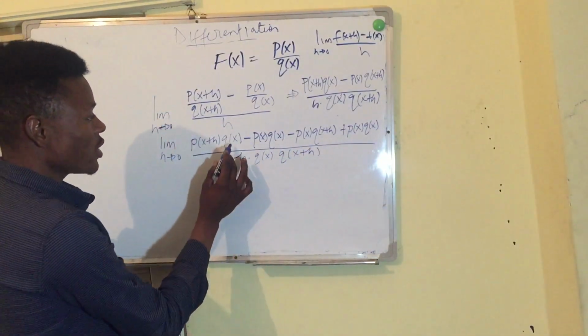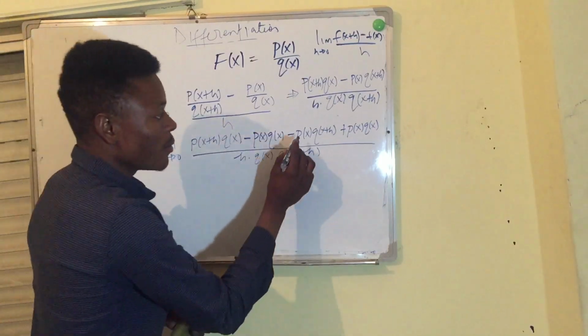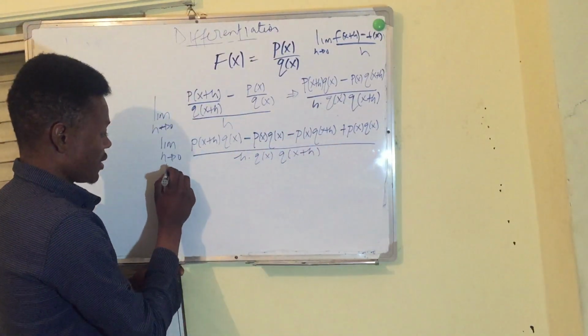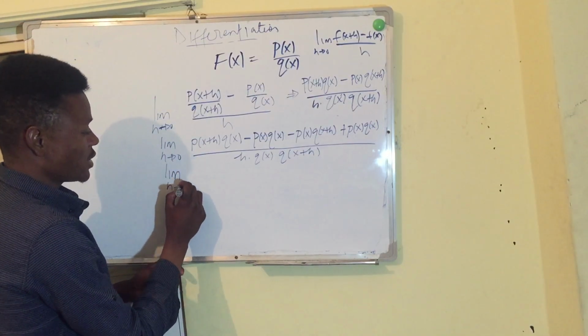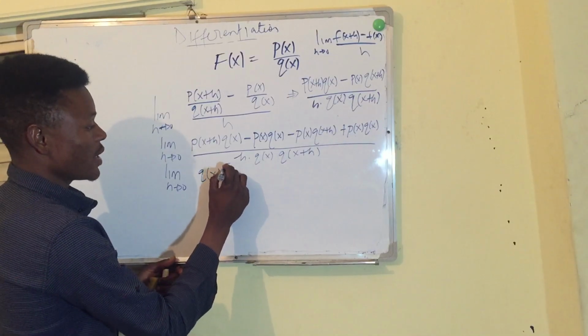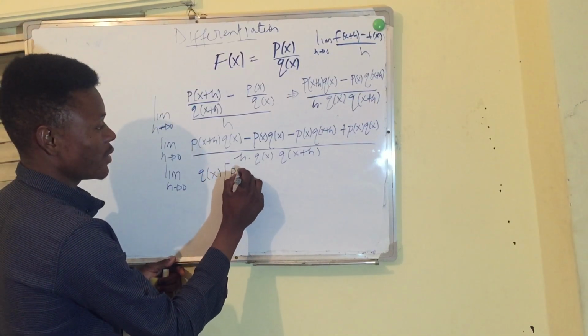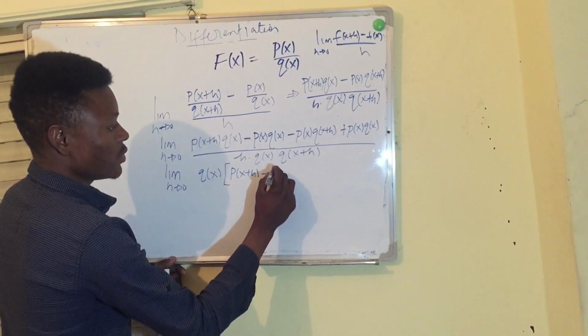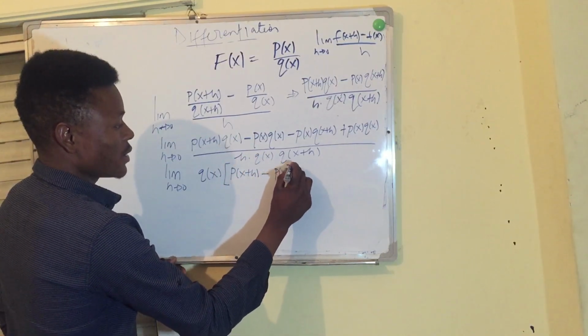So from here mun ga cewa q of x da q of x na kama, p of x da p of x na kama, then we factor it out. Good idea. So limit as it goes to 0, idan muka factor in q of x ana, muna da p of x plus h minus p of x.